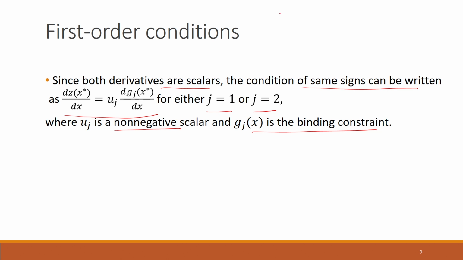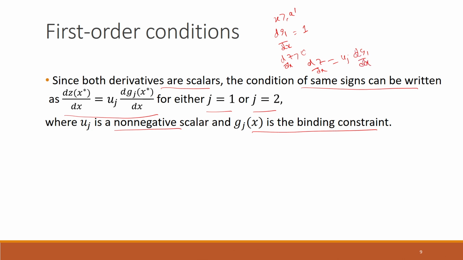In the first case, the binding constraint was x greater than or equal to a dash. Okay. So, in that case, the derivative of g1 with respect to x at this point x star equal to a dash was equal to what? This is equal to 1 because g1(x) is equal to x, okay, and the slope of the function dz by dx was positive. So therefore in that case we can say that dz by dx is equal to some uj times dg1 by dx, okay.